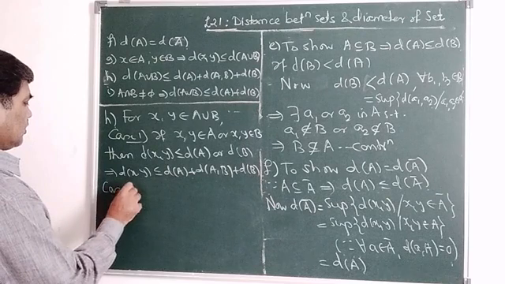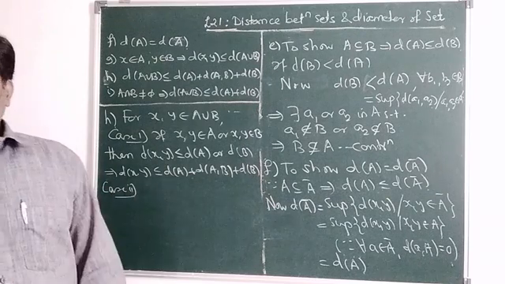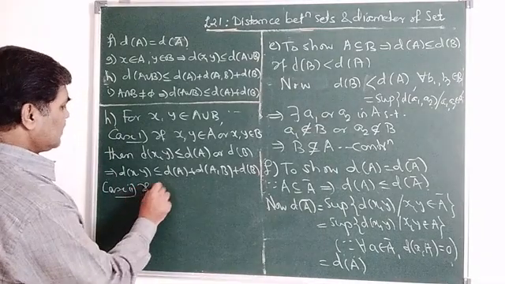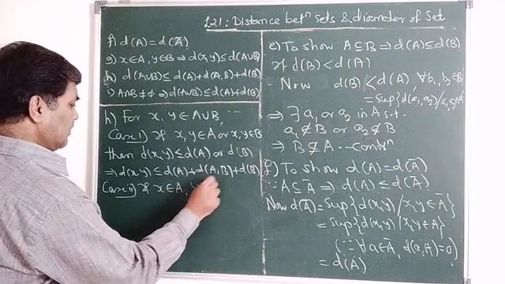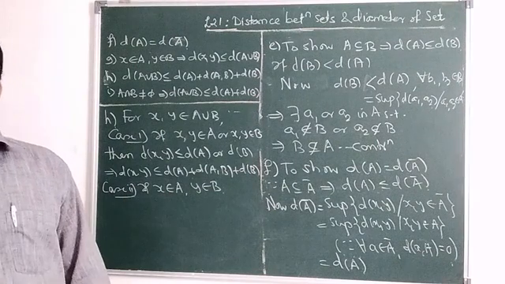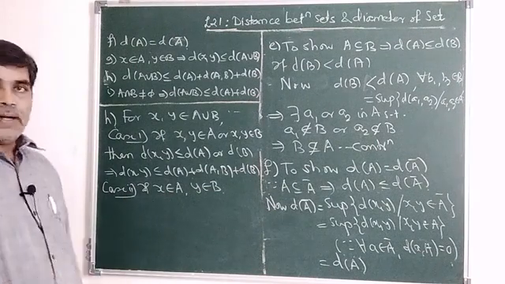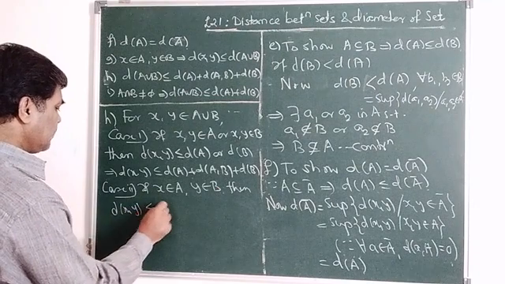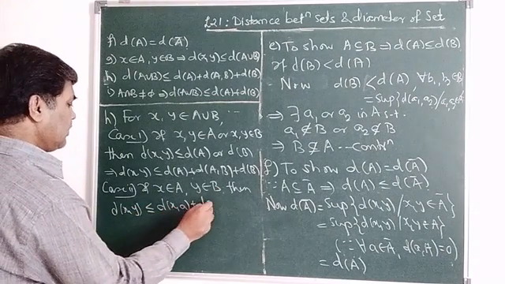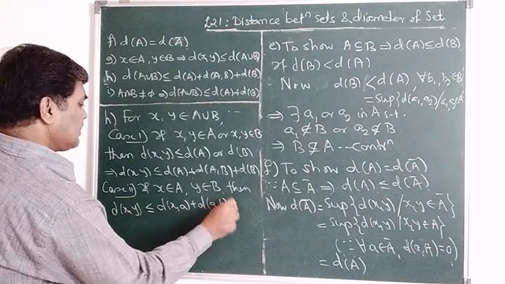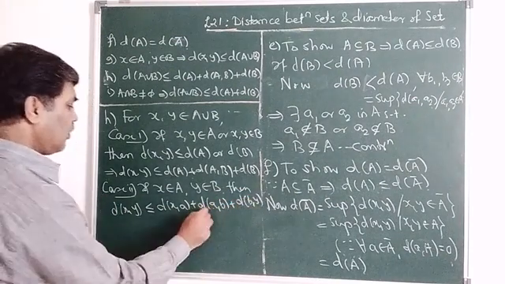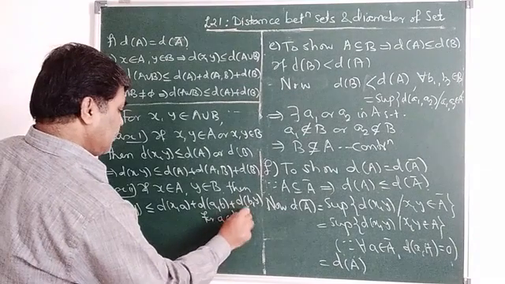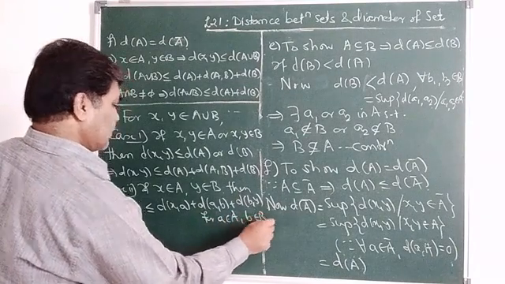Case 2: if I take x in A and y in B, if x belongs to A, y belongs to B. If I take these two points, then d(x,y) I can write as less than or equal to d(x,a) plus d(a,b) plus d(b,y), for a belonging to A and b belonging to B. In this way I can write.